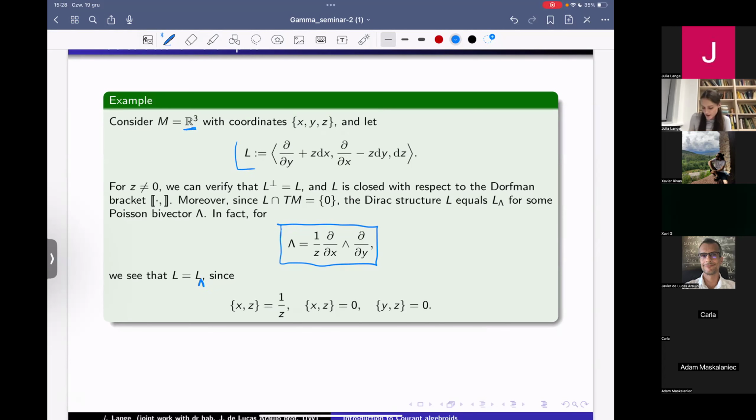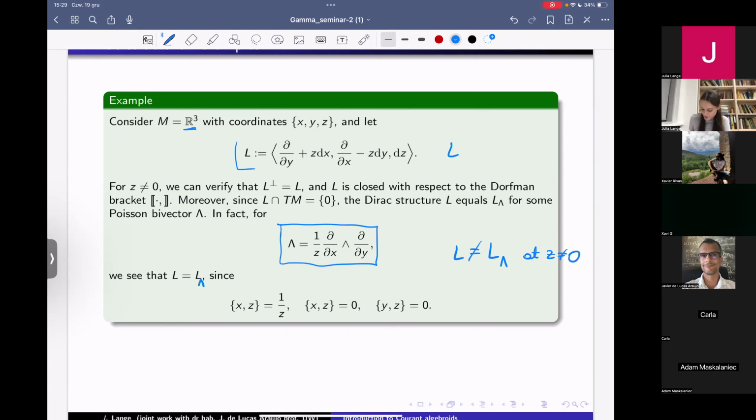Our Dirac structure given by L is actually smooth. But even though our Poisson bivector is singular at z equals 0, it just means that at z equals 0 this Dirac structure cannot be written that way; it's not true that L equals L_lambda at z equals 0.